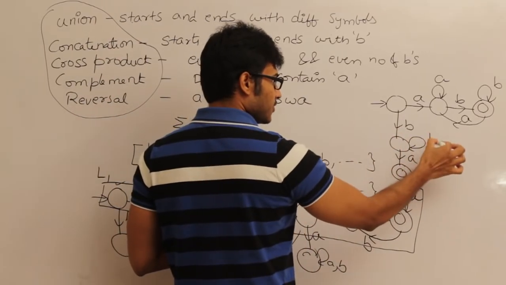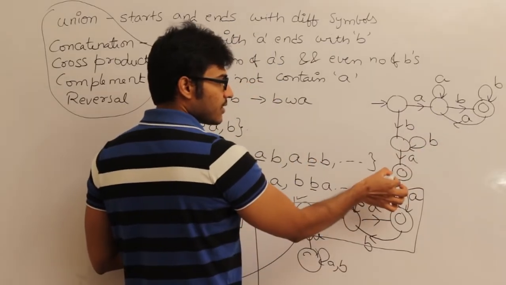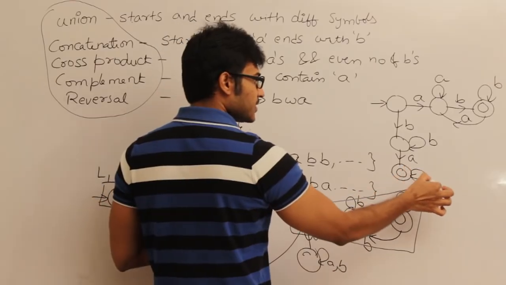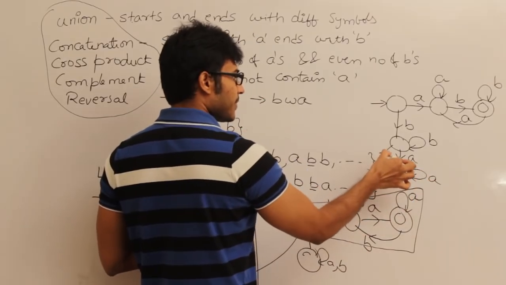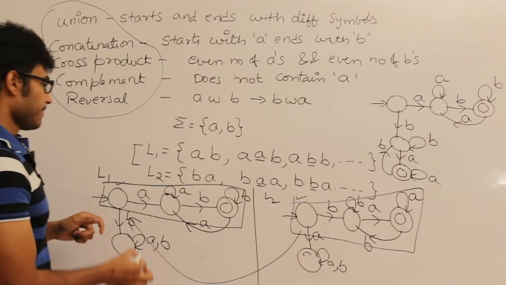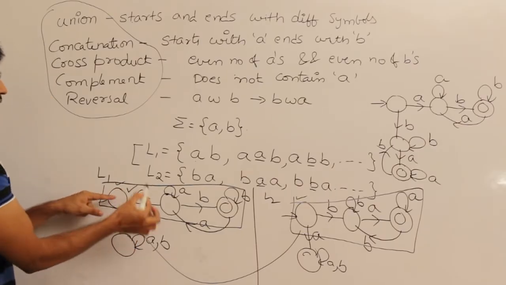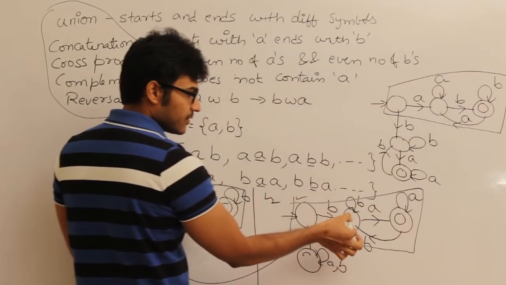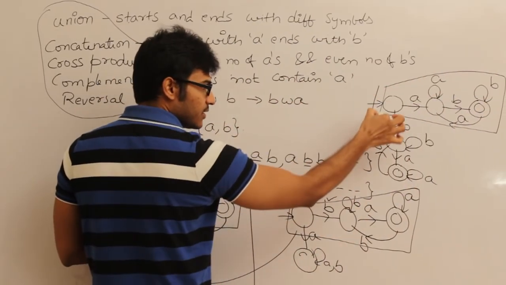In this state I see any number of B's, and if I see any number of A's, it is ending with A. If I see a B, I'll come back. Now check it: this part is actually written here.